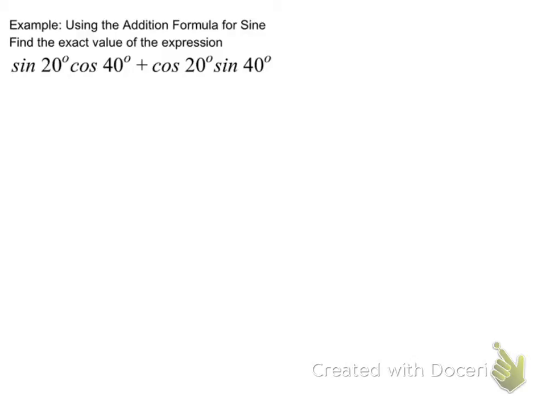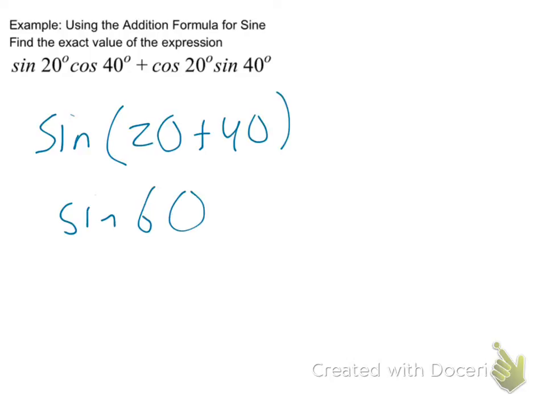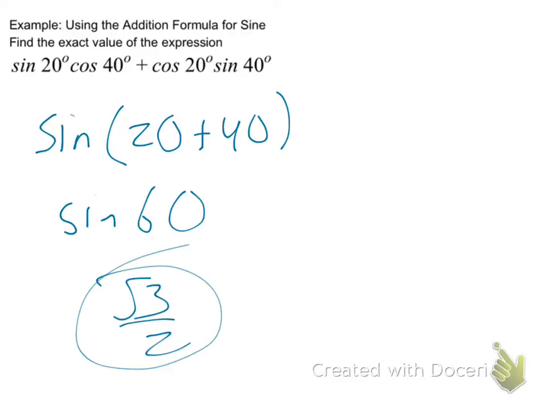Is that a sine or a cosine or a tangent? Sine. It's a sine. Now sine keeps its sine, so it must be 20 plus 40, which is sine of 60. And sine of 60 is? Square root of 3 over 2. Done. So just make sure you know what form you're using and you use it correctly.